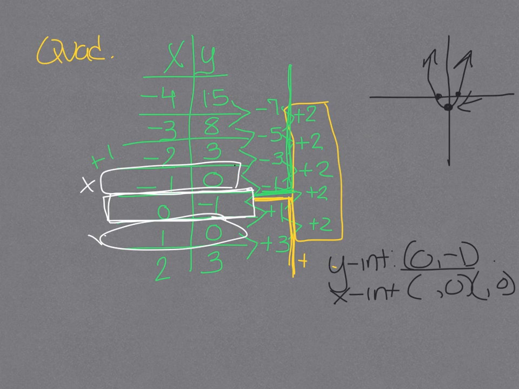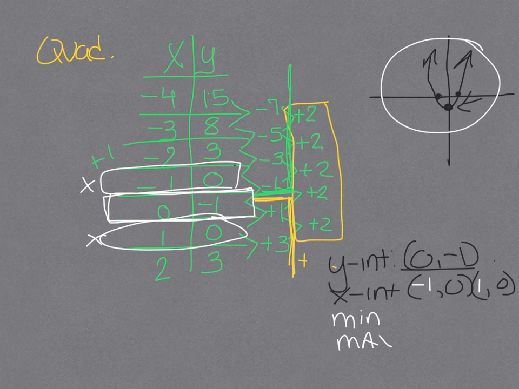So these are your x-intercepts. So it's -1 and 0 and 1 and 0. All right. Maximum or minimum, when I did my sketch here, it's a minimum. So for maximum, we put none. And for minimum, that point where it turned is 0, -1.